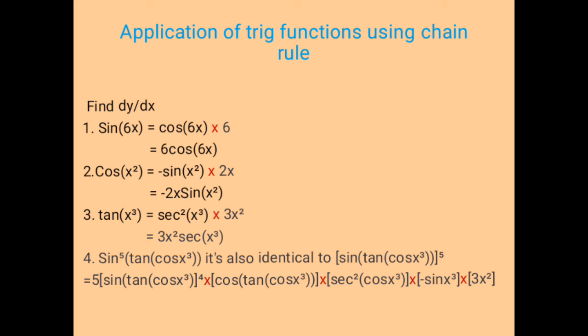Then we differentiate cos x to the cube, and we have minus sine x to the cube. Then from there we differentiate the outermost one, which is x to the cube, and we have 3x squared.